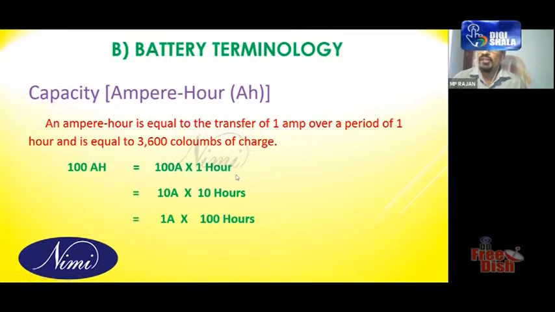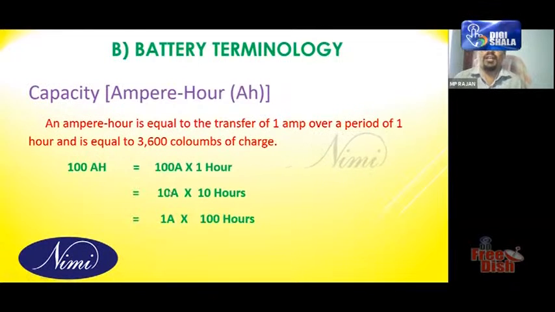Normally, the load decides the current. Whatever the load is, current is drawn as per the load. So if your load is drawing 100 ampere current, this battery can give you current for 1 hour. The same battery, if your load current is only 10 ampere, 10 into 10 is also equal to 100, that means 10 ampere current for a period of 10 hours.